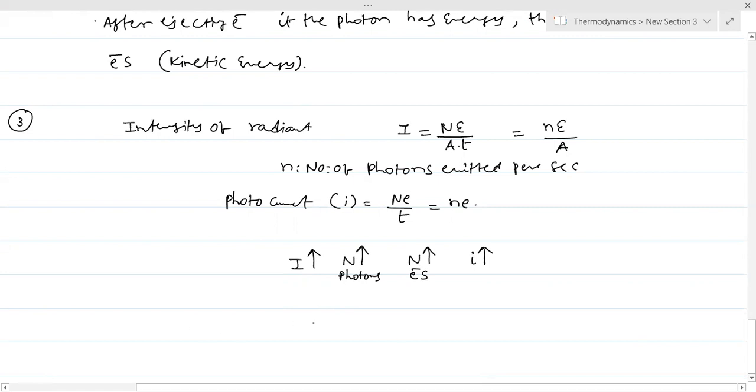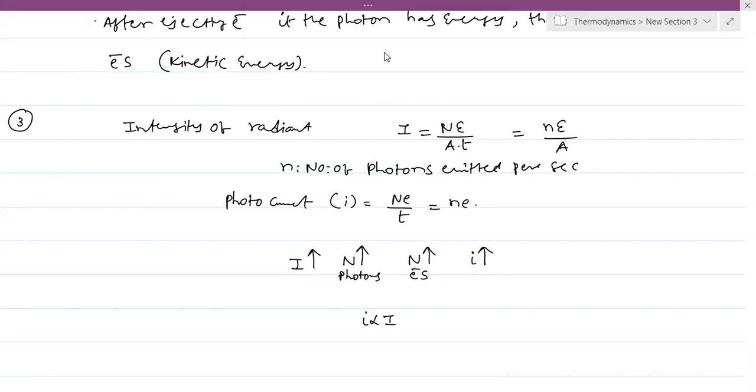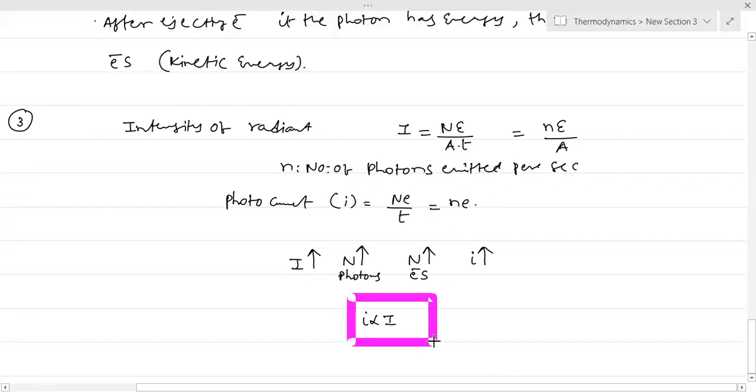So therefore, simply we will say that small i is proportional to capital I. The photocurrent directly depends upon intensity.